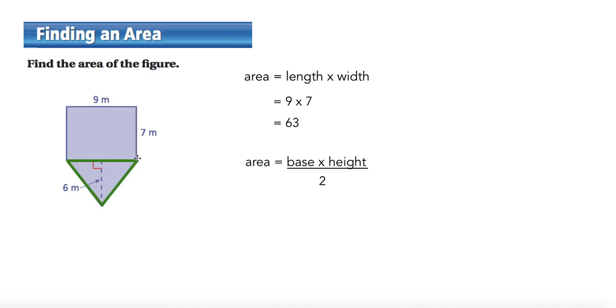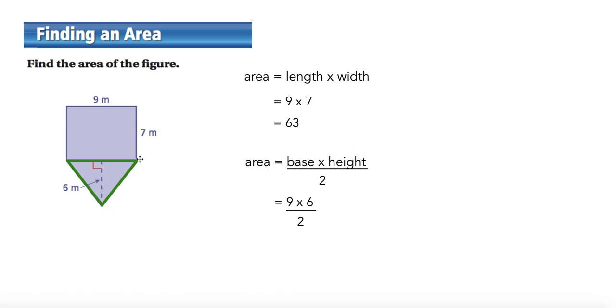Next, I'm going to take a look at my triangle. I'm using the formula area equals base times height divided by 2. Even though it is not labeled, I know that this shape is a rectangle, so if this length is 9 meters, this length must be 9 meters as well.